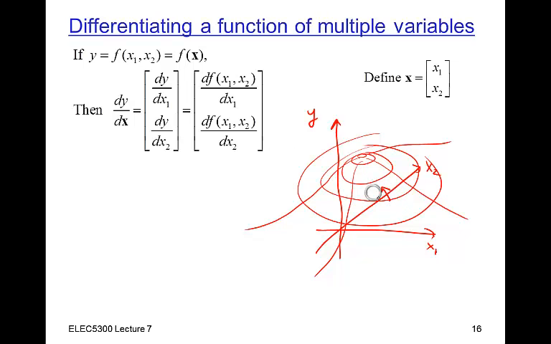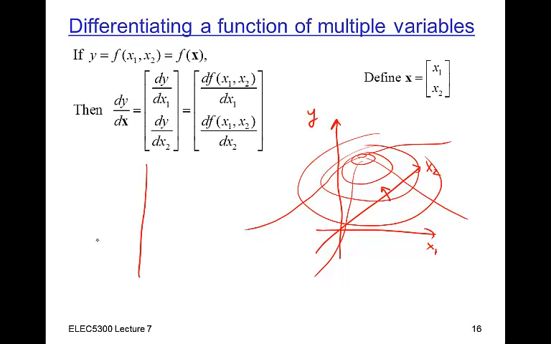So that's the gradient. The gradient tells us how things are changing, and in a multivariable system it tells us the direction of maximum increase. In 1D functions, we actually have the same thing. It's just that there's really only two directions you can go, up or down.